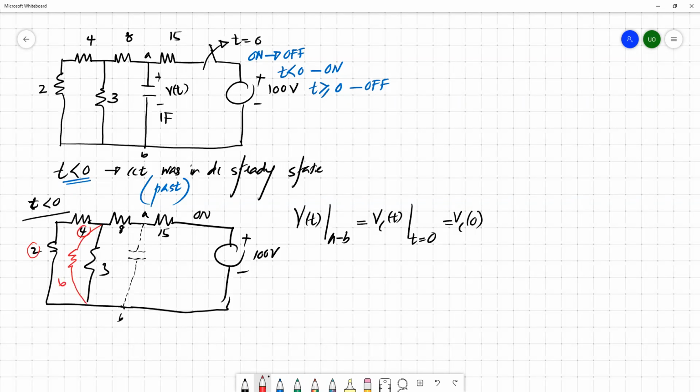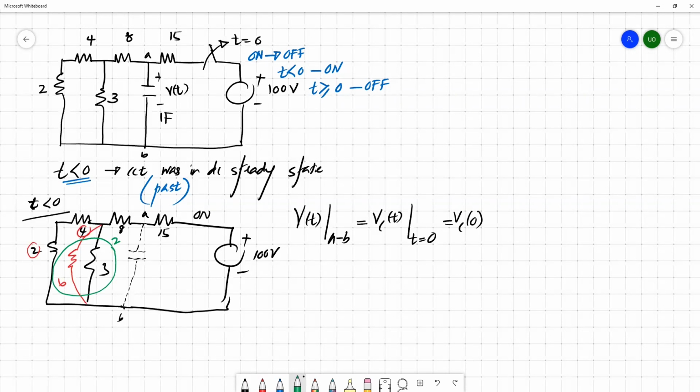Then 6 ohm and 3 ohm are in parallel. So you can apply the parallel combination of resistors and simplify these two. Once you simplify this 6 ohm and 3 ohm, which are in parallel, the equivalent resistance would be 2 ohm. So that resistor is in series with 8 ohm.